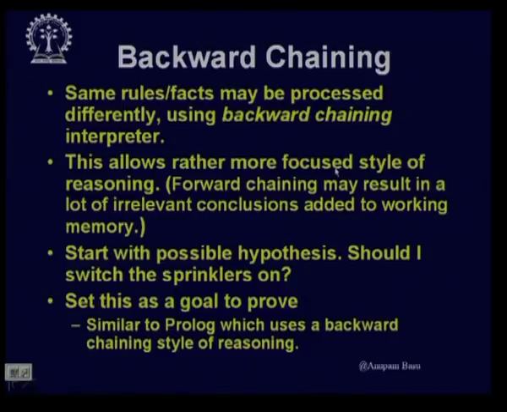This allows a more focused style of reasoning, because in the forward chaining, as we have seen in that example, we can often, if our inferencing mechanism is such that we generate a particular rule, we fire a particular rule to generate a particular fact, which will not be useful for proceeding further. That sort of scenario is very much occurring in the case of forward chaining. On the other hand, backward chaining is very much goal driven.